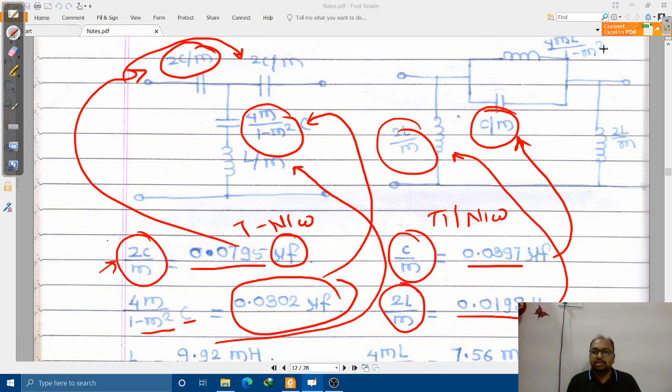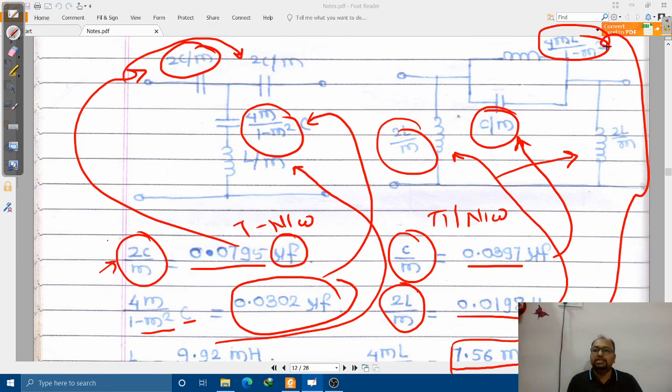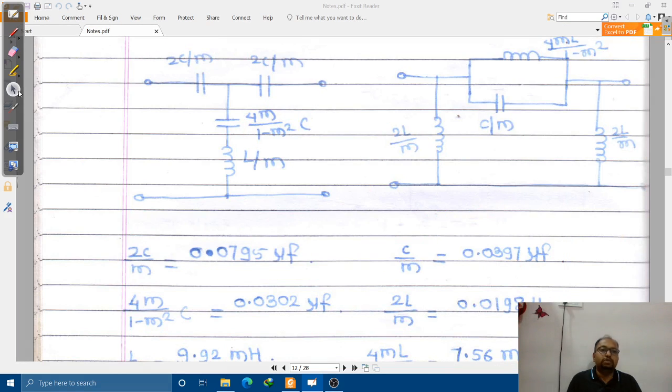Then lastly, let us compute this one. This value you write at both places. Let us compute the last one, and that is coming as 7.56 millihenry, and we write that at this place. That's it. Likewise, once you find all the values, you need to write them at the corresponding places, and you will be getting 8 marks.